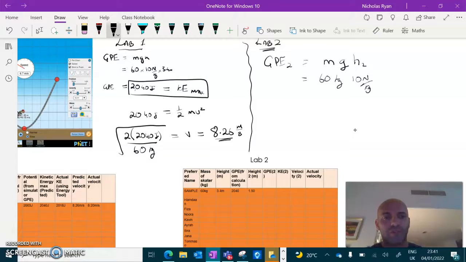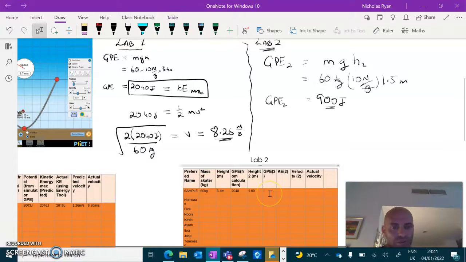If you want, you can switch to 9.8, and then it might match the simulation a little bit better, but it's okay. The height we know is 1.5 meters, so that gives her GPE at point number 2 to be 900 joules. So let me pop that in there.